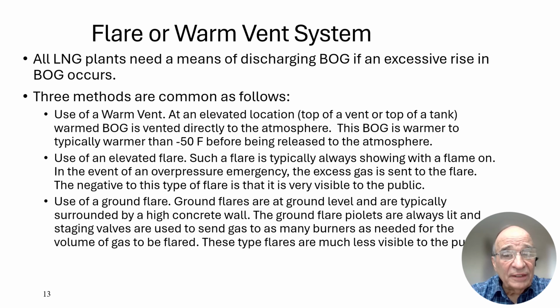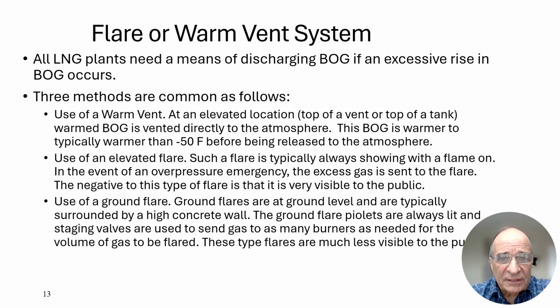If it's going to be vented to the atmosphere, that would be a flammable gas, and therefore you want to warm the gas before it goes to the atmosphere so that it rises. Typically a warm vent is at an elevated location, at the top of a stack. The gas is warmed in order to make it buoyant.